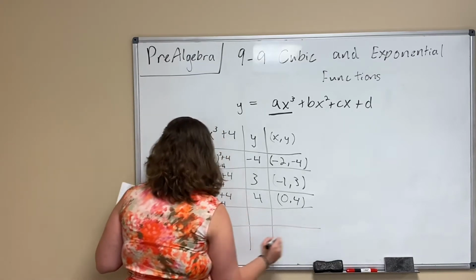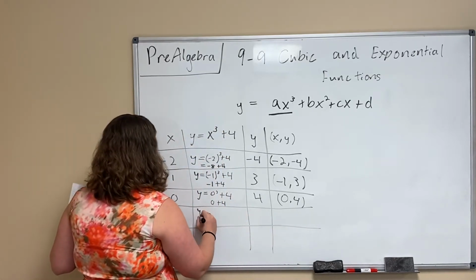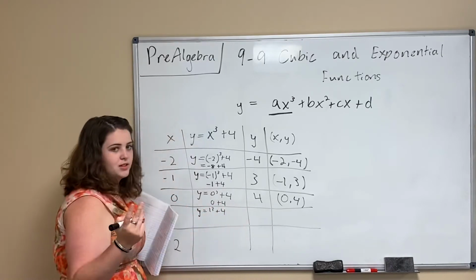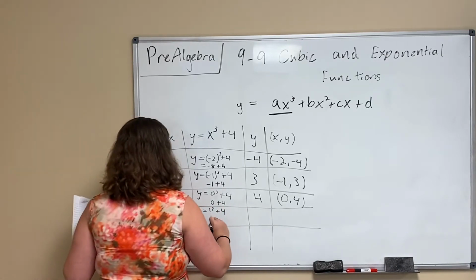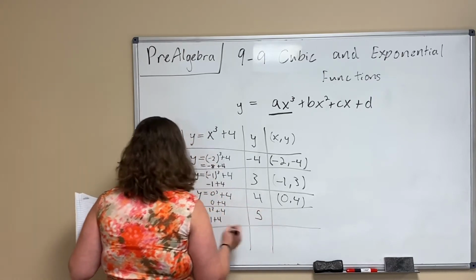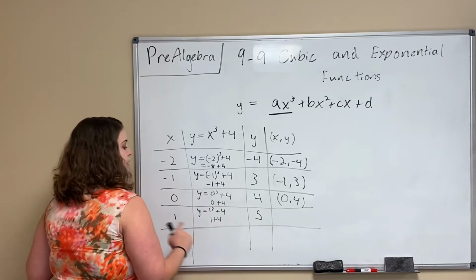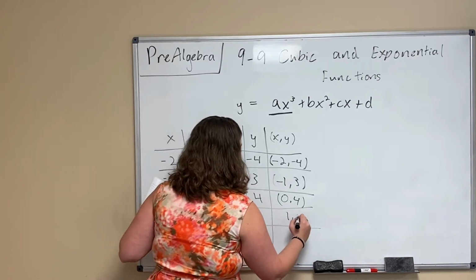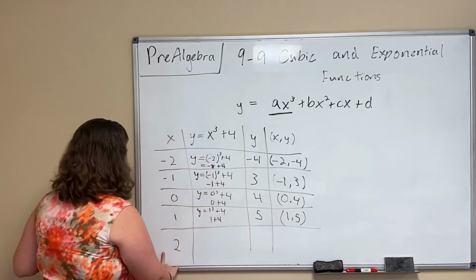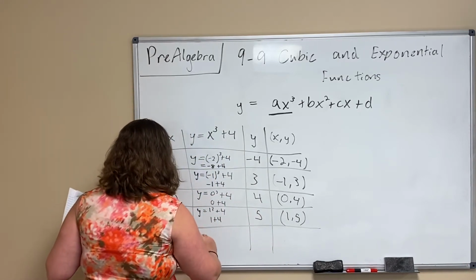We're going to plug in our 1. Y equals 1 cubed plus 4. Now 1 times 1 times 1 is just 1, so we're going to get 1 plus 4, and 1 plus 4 is 5. So when x is 1, our y is 5. One more, let's do 2.